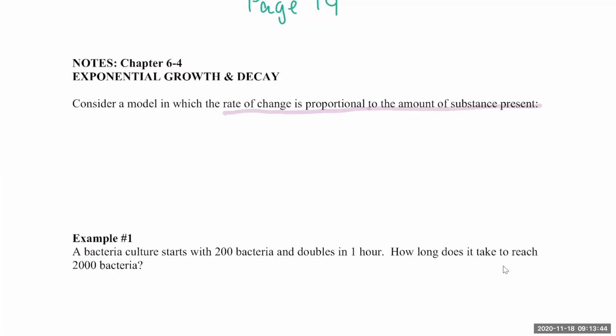So consider a model in which the rate of change is proportional to the amount of substance present. What that means is they're talking about a rate of change. Let's say you had the rate of change of a population or of the amount of bacteria, the amount of a substance, so dy, and always with respect to time.